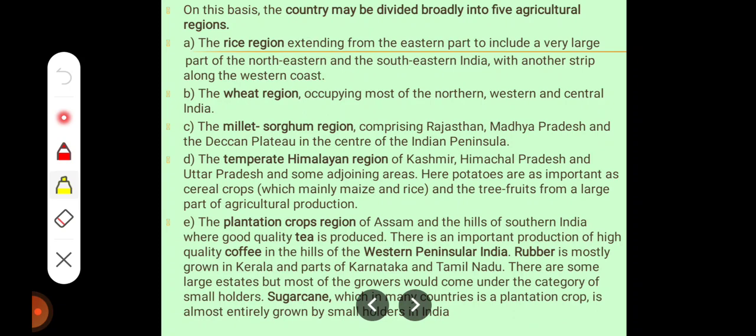Rubber is mostly grown in Kerala and parts of Karnataka and also Tamil Nadu. There are some large estates, but most of the growers would come under the category of small holders. Sugarcane, which is a plantation crop in many countries, is almost entirely grown by small holders in India.